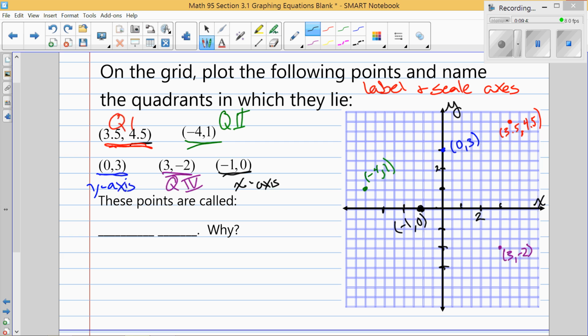Now, all of these points are written in a way that we call ordered pairs. Why do you suppose we do that?